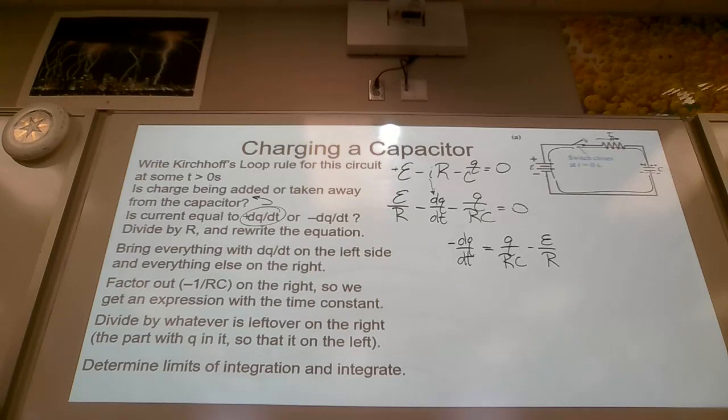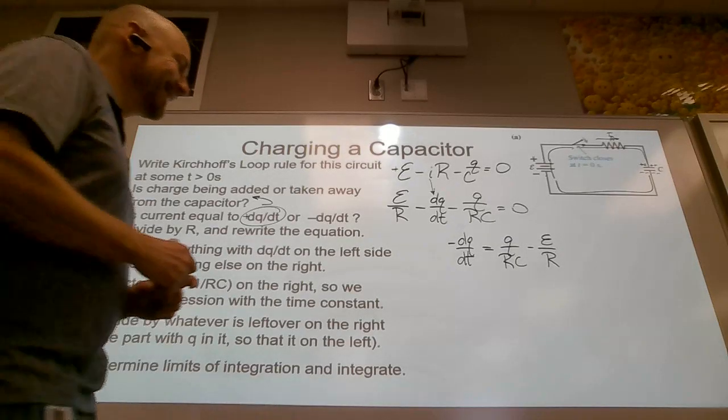I kind of want that over there, right? On the right, so we can get an expression of time constant. By whatever's left over on the right, the part with Q in it, so that it's on the left.